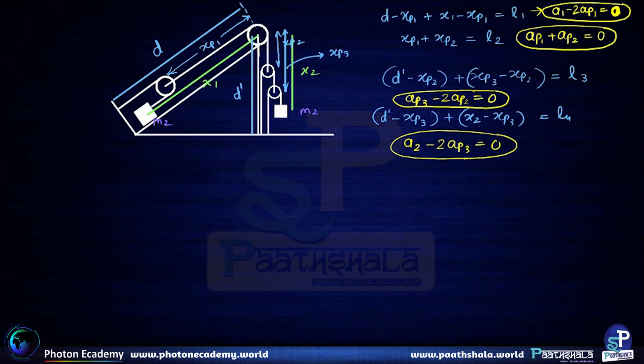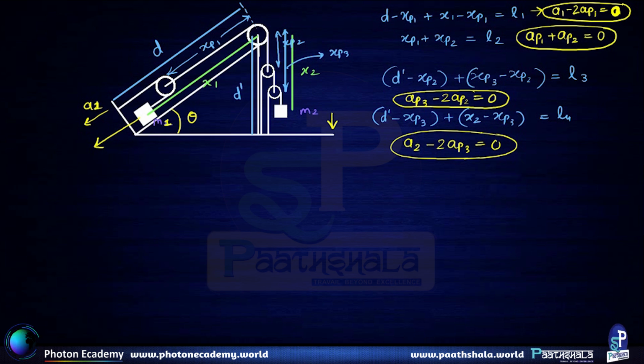Okay, so for the masses, this angle is theta, this is given. For the masses, I'm assuming the acceleration of m2 to be A2 in this direction, and for this mass, let me label it as M1.